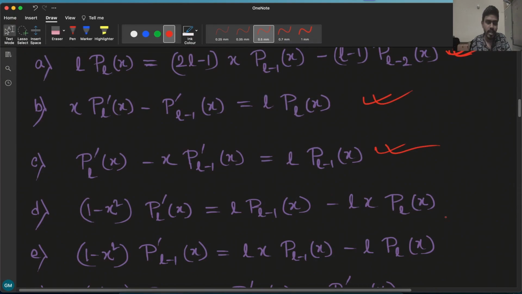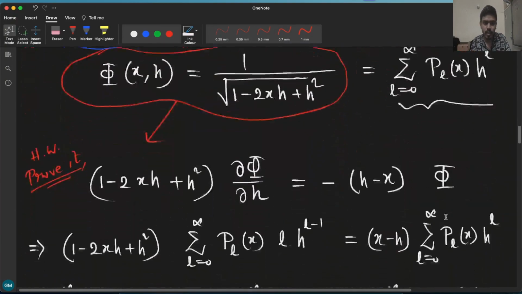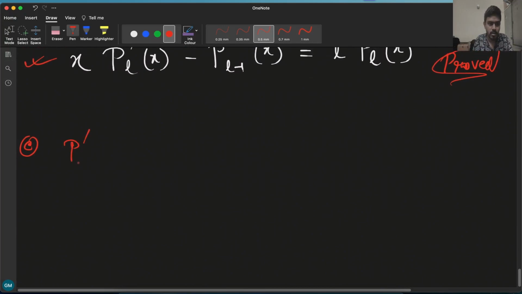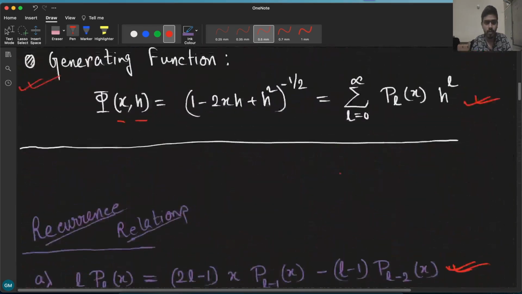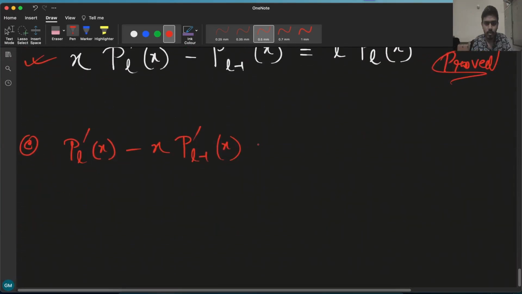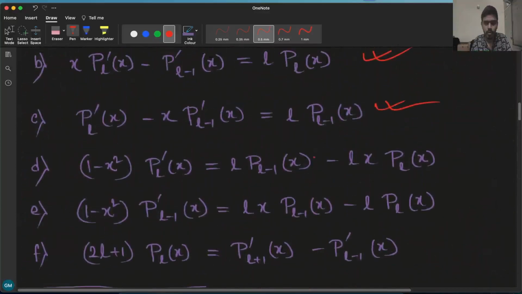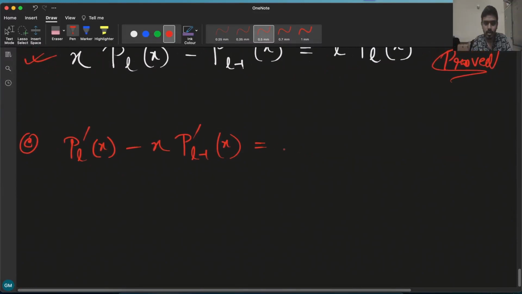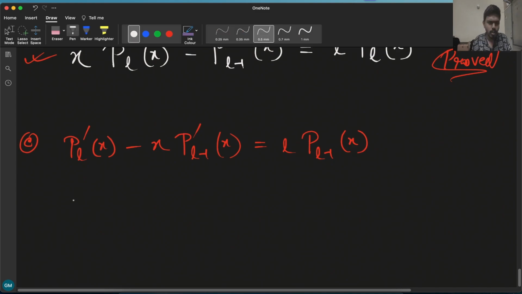Number C is p dash L x minus x p dash L minus 1 x equals L times p of L minus 1 x. Okay, so let me write down recurrence relation 1 first.